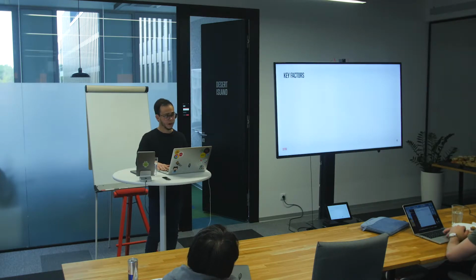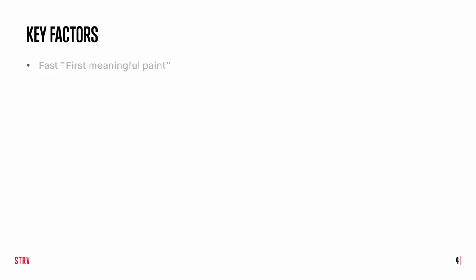So there are some key factors that you should care about when dealing with performance. One is fast first meaningful paint, but we already covered this on the last lesson, so no need to talk about it. Server response, we already talked about it. You will have to cache your responses when you're using server-side rendering, and if you're not, then just use a CDN. Images is a huge topic, so we won't be able to cover that.